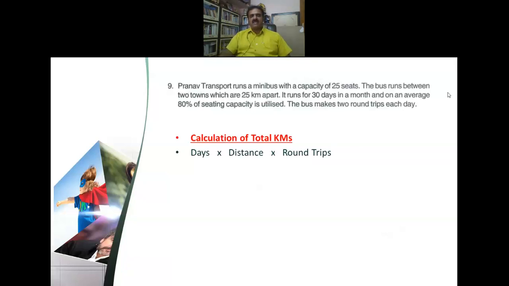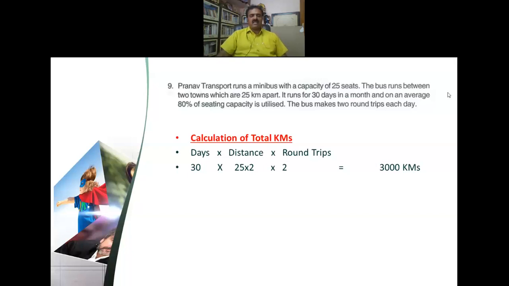The distance covered is 25 kilometers one side, therefore both sides come to 50 kilometers. And how many round trips? 2 round trips. Therefore, 30 days, 25 kilometers into both sides, multiplied by 2 round trips comes to 3,000 kilometers. So this particular minibus of Pranav Transport Company has travelled 3,000 kilometers in a particular month.